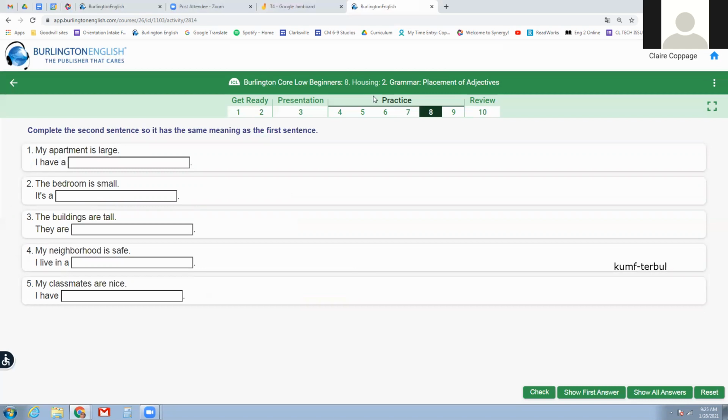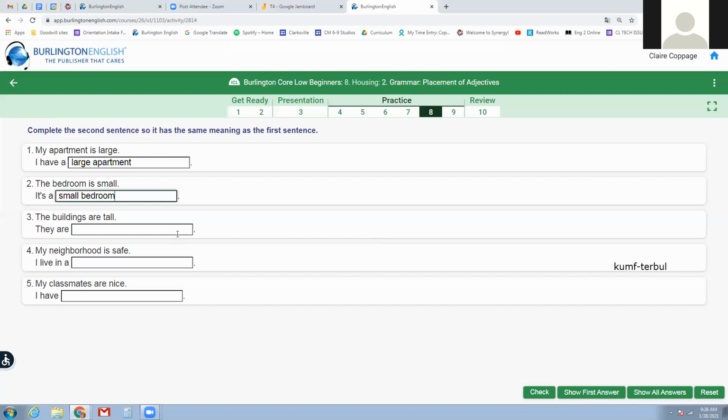Okay. So now we're going to practice the two ways. We have the first way with am, is, or are, then the adjective. Then in the second one, we will reverse the order and go adjective, noun. So for example, number one, my apartment is large. I have a large apartment. Why don't you try number two? The bedroom is small. It's a small bedroom.